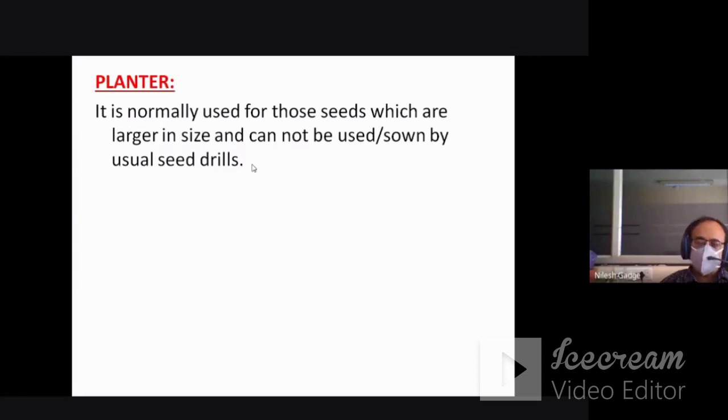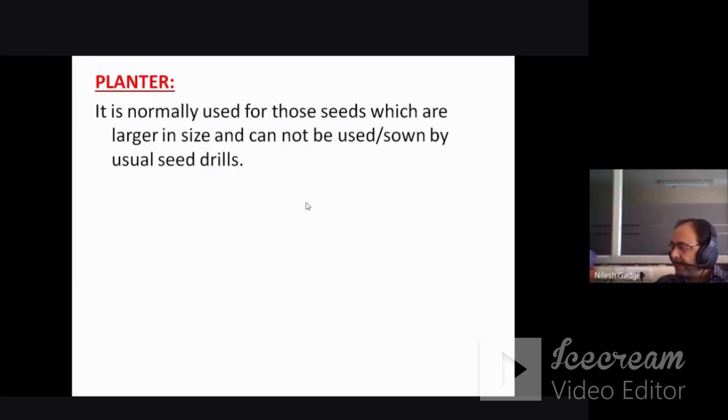So these are the two differences, and there are also differences in the metering mechanism, because the sizes of the seeds are different.